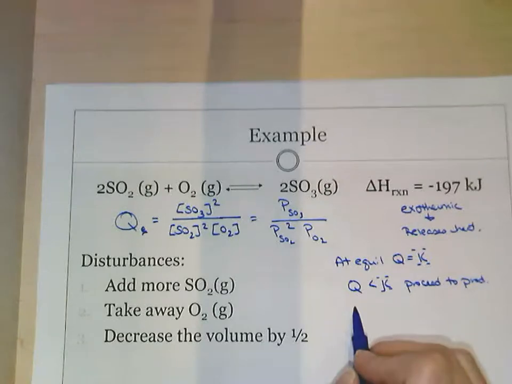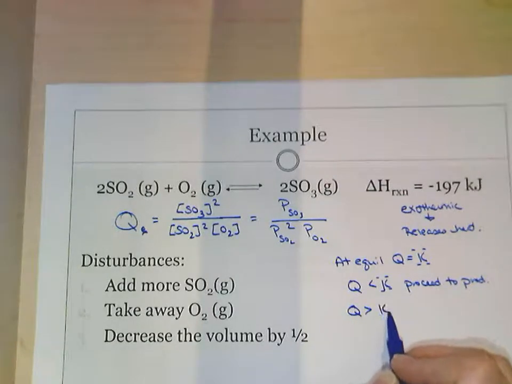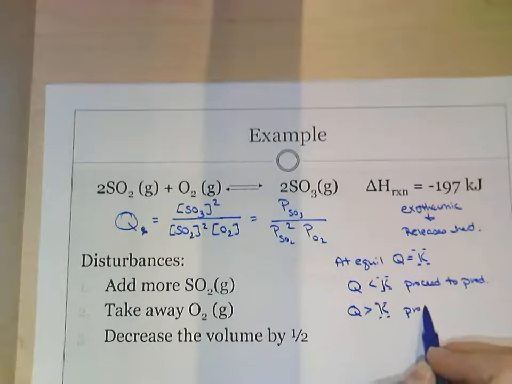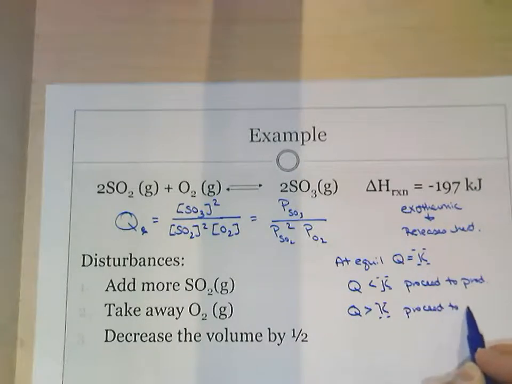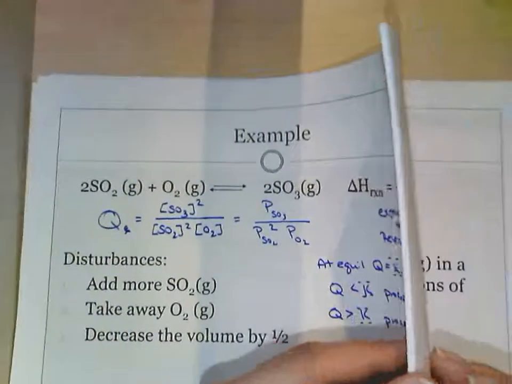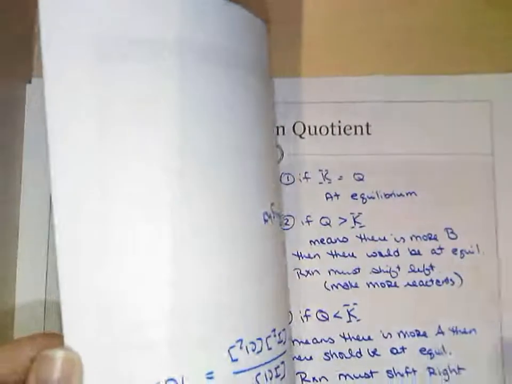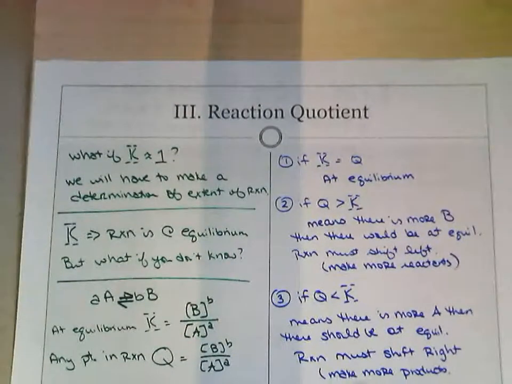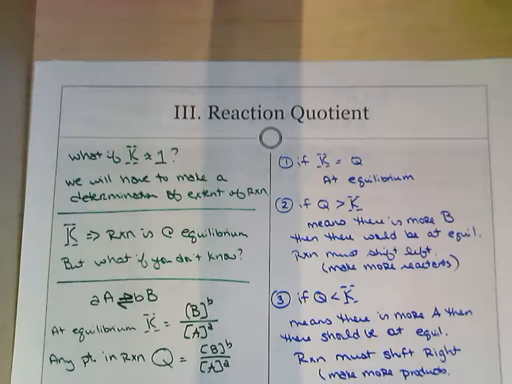If Q is greater than K, it'll go in reverse. It'll proceed towards reactants, which is what we had, how many slides ago? There we go. Make more reactants, make more products.